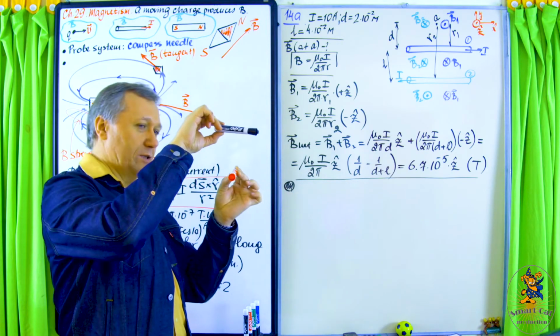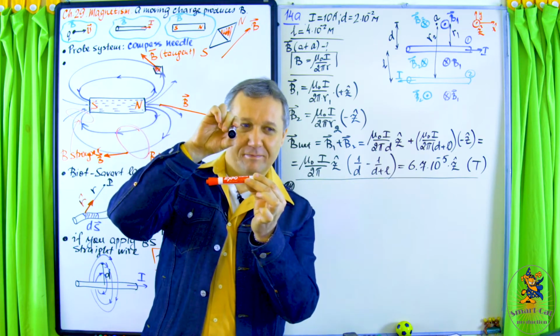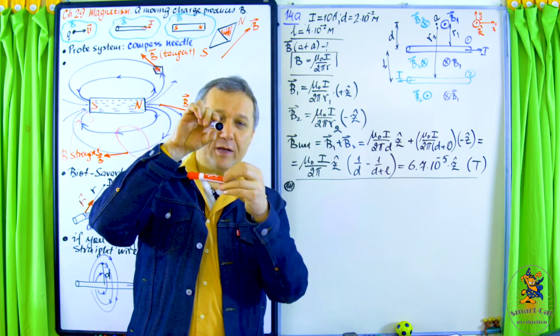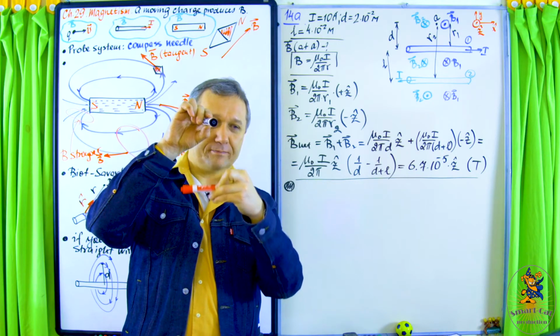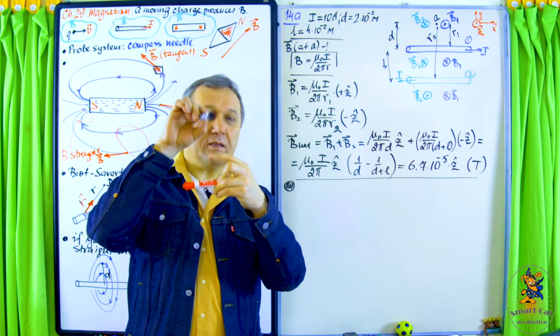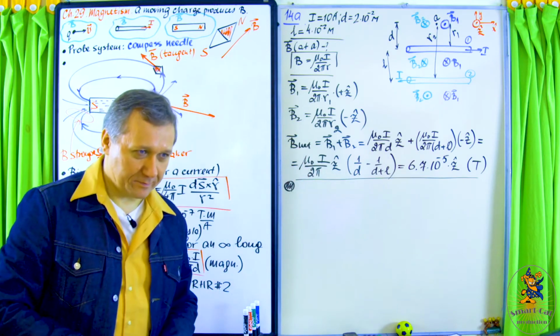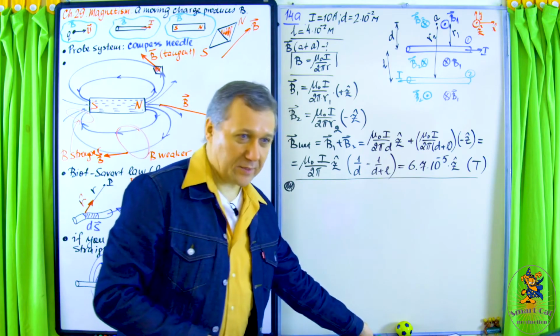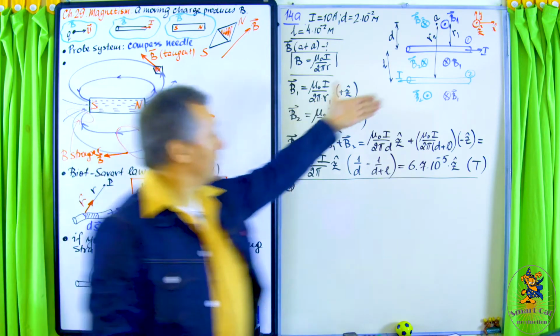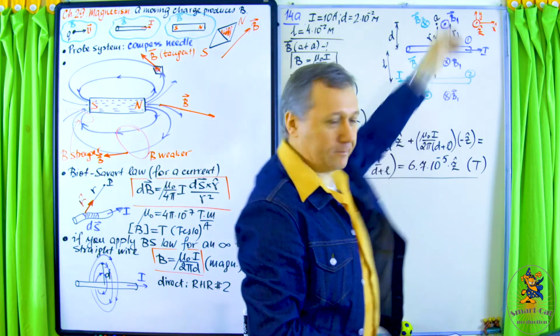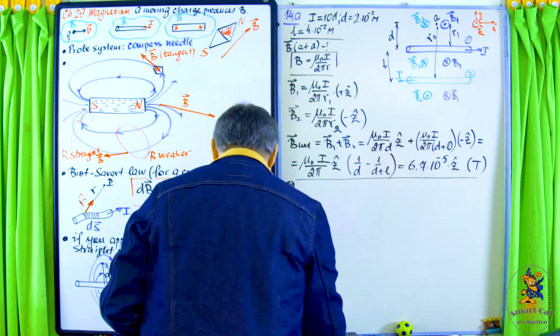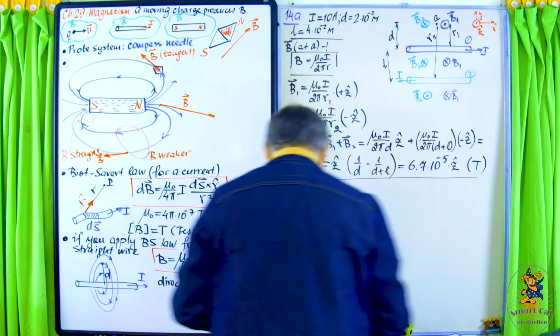So now we have this situation, and we will have to find the magnetic field at the midpoint between these two wires. And the values of the current are going to be different. You see the difference, we just grab the top wire and turn it by 90 degrees. Okay, so how can I draw that?